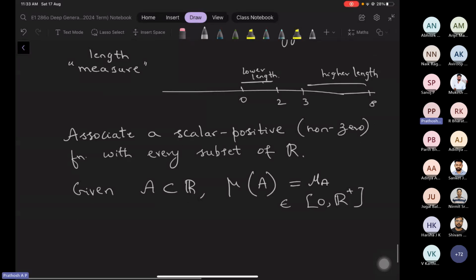I can actually say it belongs to R plus.